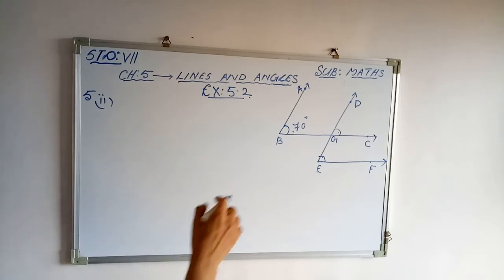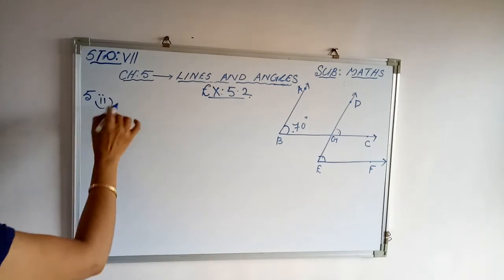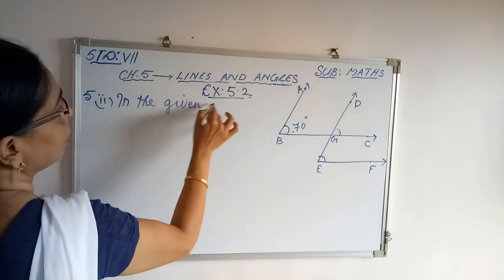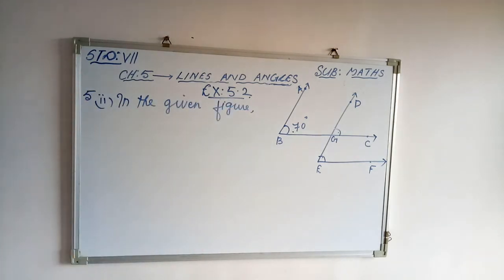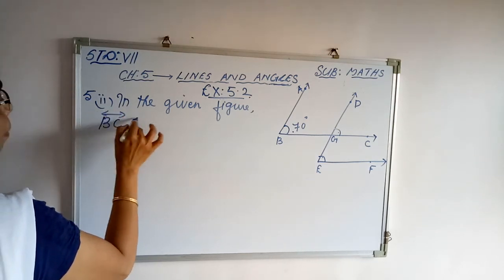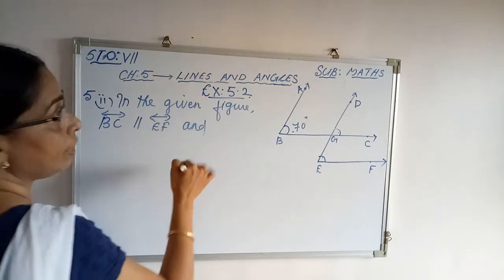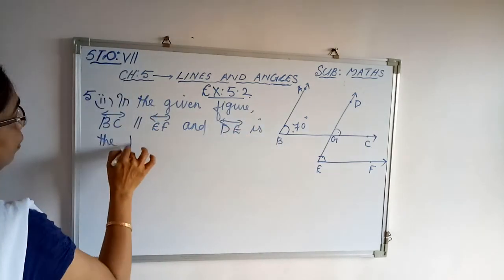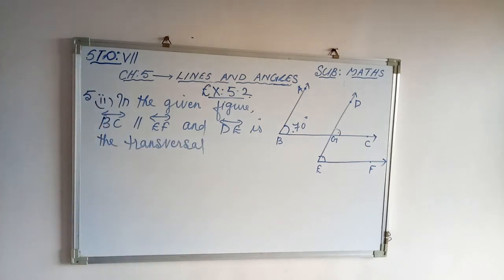Now to find out this angle, to find out angle DEF, you can take in the given figure, we are taking BC and EF parallel lines. BC parallel to EF, and which one taking as a transversal, DE is the transversal. Listen to the figure. DE is the transversal.